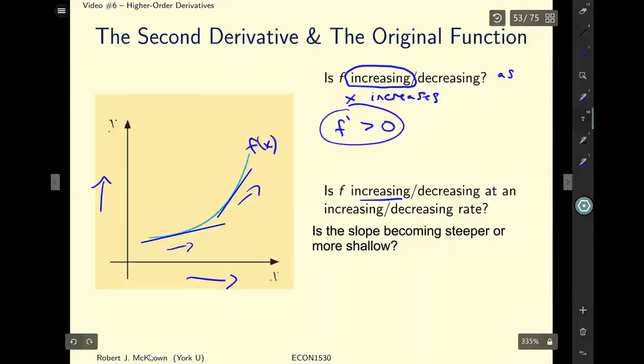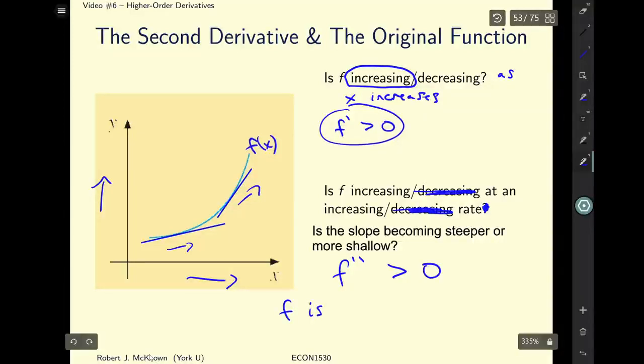And you can see by the tangent lines that I've drawn that the slope is increasing. So f is increasing at an increasing rate, and f double prime is greater than 0.